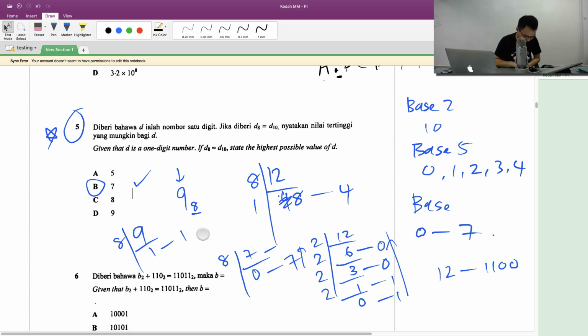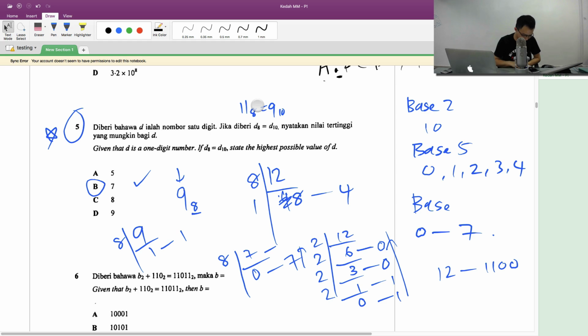Let's say 9 I change to the base 8. 9 in base 10, if I change to the base 8, it's actually 11.